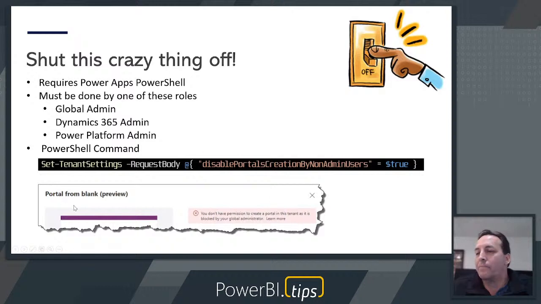And then what you get is, if your users go in and try to do that, they get the Microsoft version of the nanny-nanny-boo-boo message, which is: you don't have permissions to create this because we blocked you.